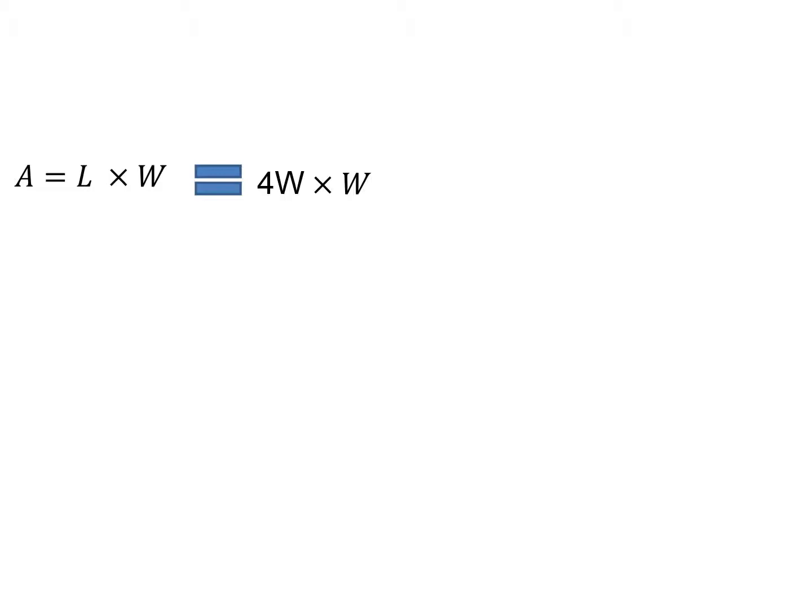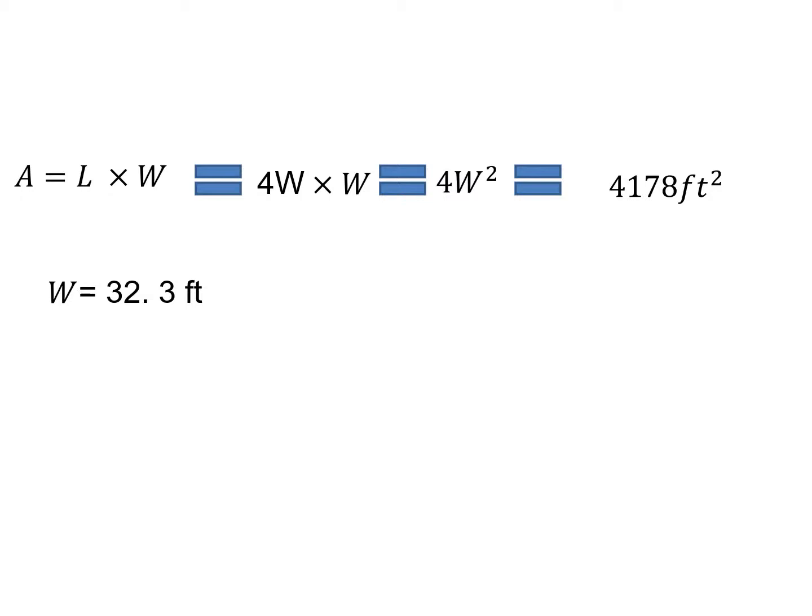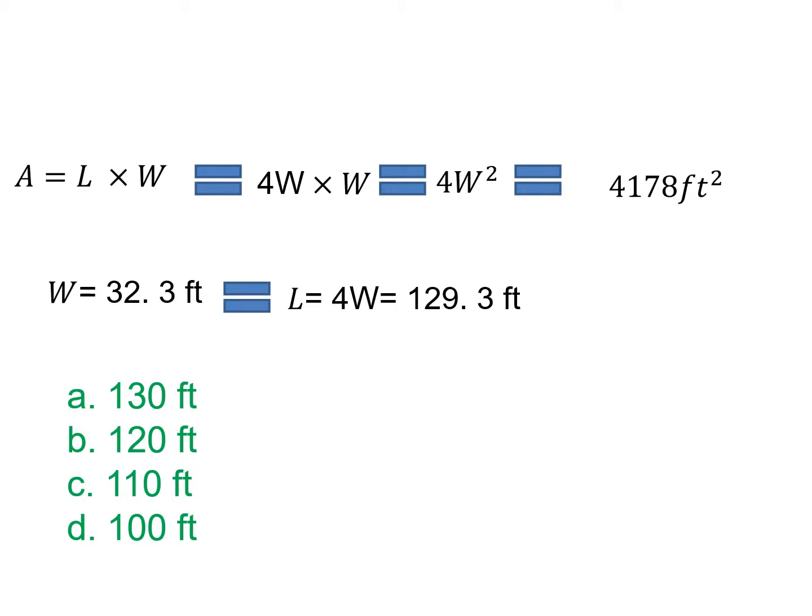The length we substitute with 4 times the width, because of the ratio given in the problem statement. So it will be 4 times width squared, and that equals 4178 square feet. From here we find the width is 32.3 feet, and the length will be 4 times the width, that is 129.3 feet. So the answer will be A.